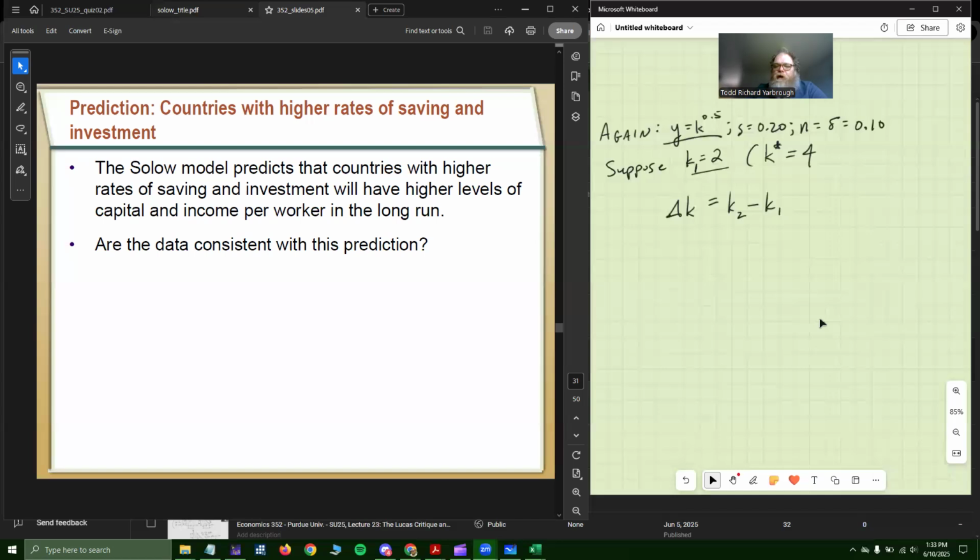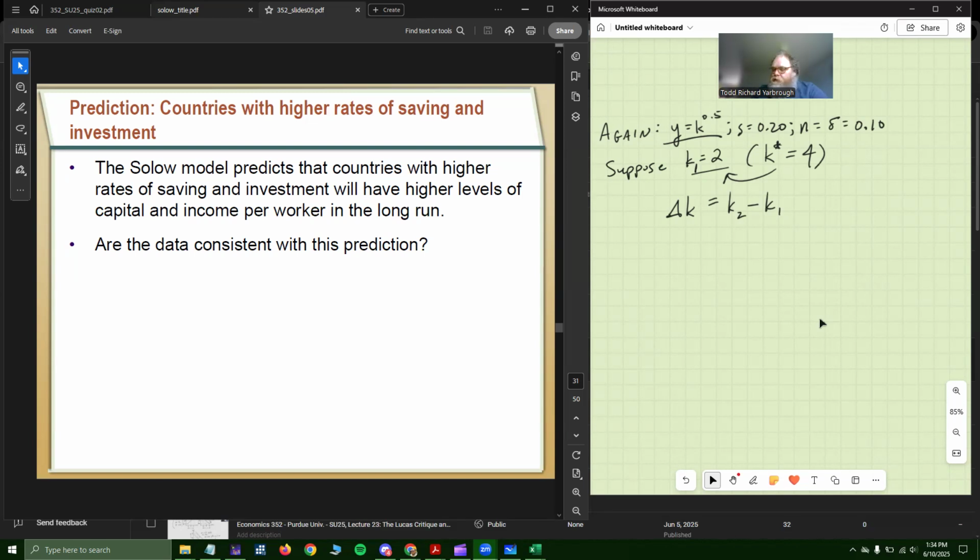Now, what we're going to say is that for now, the economy is operating at 2 units of capital per worker. So it's below its steady state, right? The Solow model is going to predict that this economy, as it moves towards its steady state, is going to increase its capital per worker stock because it's currently below it. So we should see capital accumulation from one period to the next.